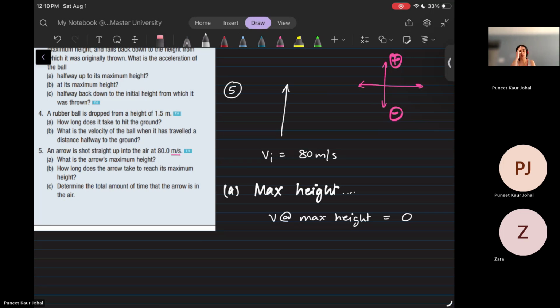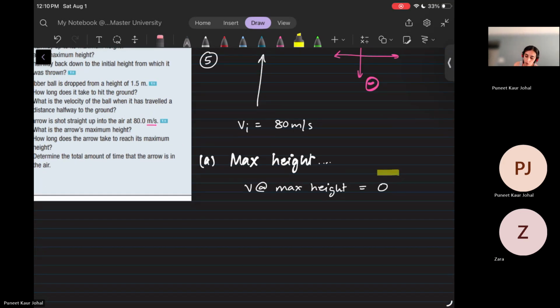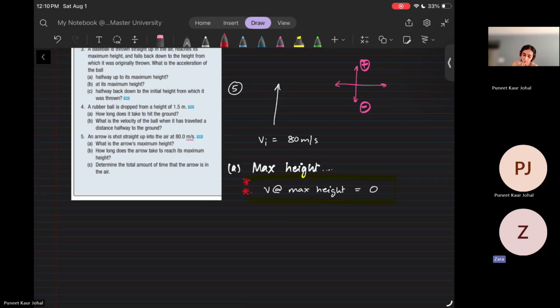It's an arrow, so you don't want it to be hitting you, but when it comes down, it will slowly increase its speed. But at maximum height, velocity is always zero. This is actually a super important concept. I will keep using this, and even until grade 12, you'll keep using this concept. Velocity at maximum height is zero.